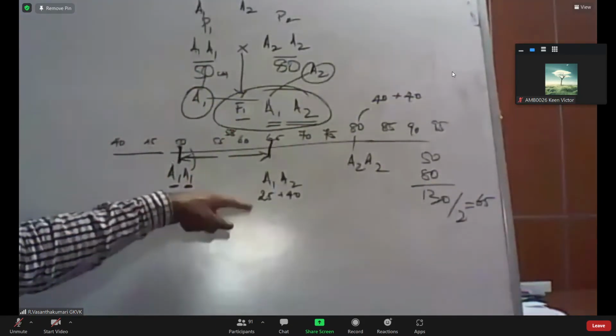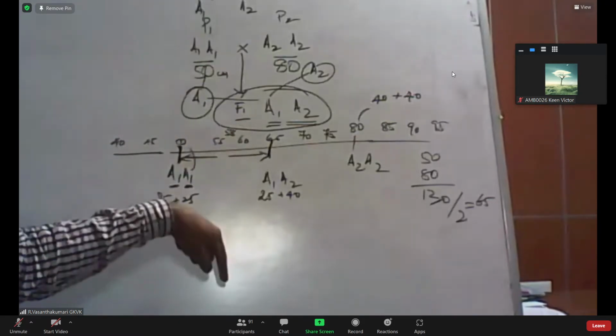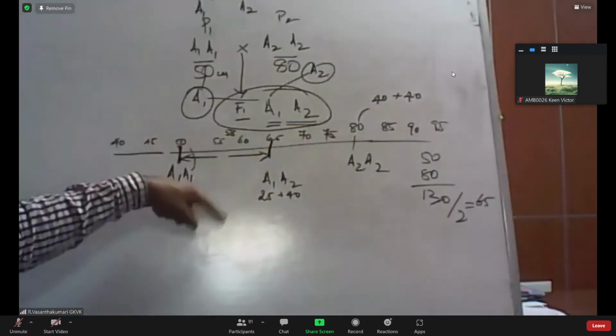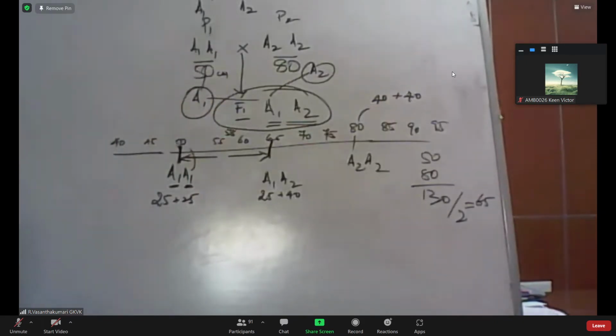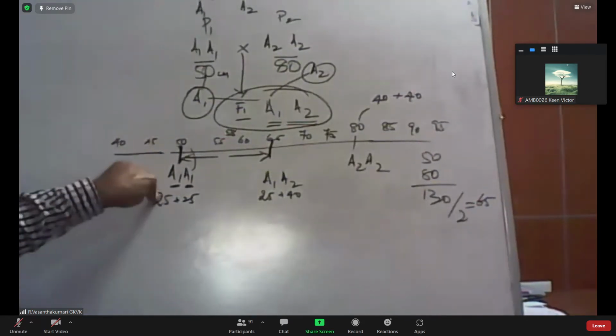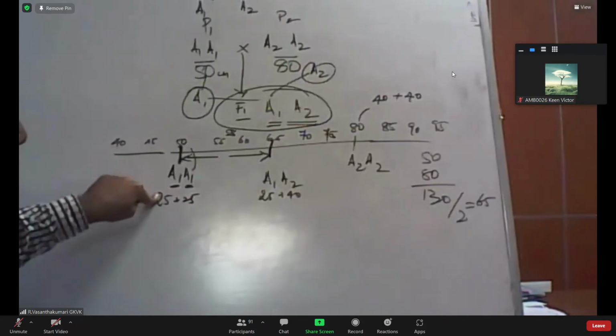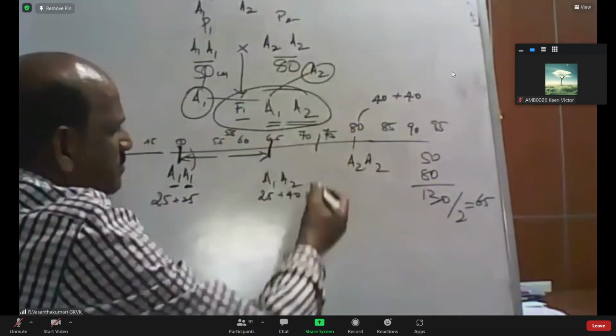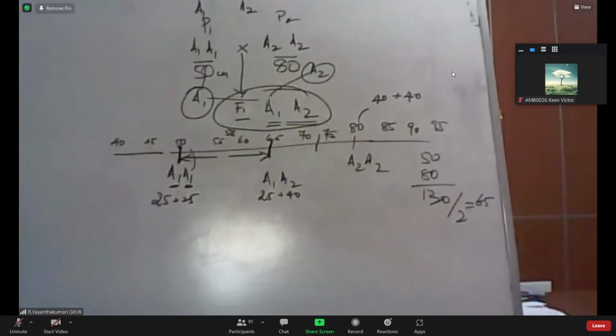If the mean plant height of the F1 heterozygote A1 A2 is equal to 58 centimeters, then we say A1 is partially dominant over A2. Is that clear? If it's something like 75 or 76, then we say A2 is partially dominant over A1.